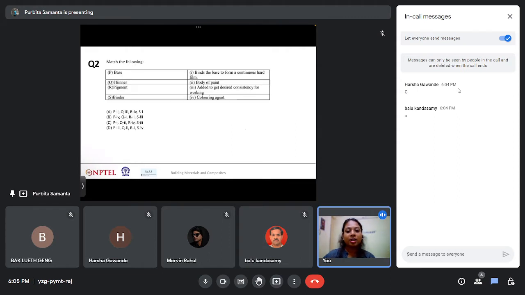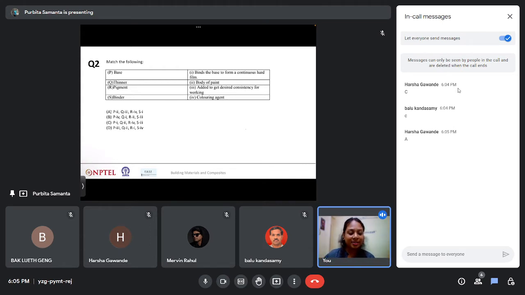Now coming to the second question. The second question is basically about understanding the different compositions of paint, as well as understanding how paint can be applied. The constituents or composition of paints help you understand how paint is basically applied and how things happen.